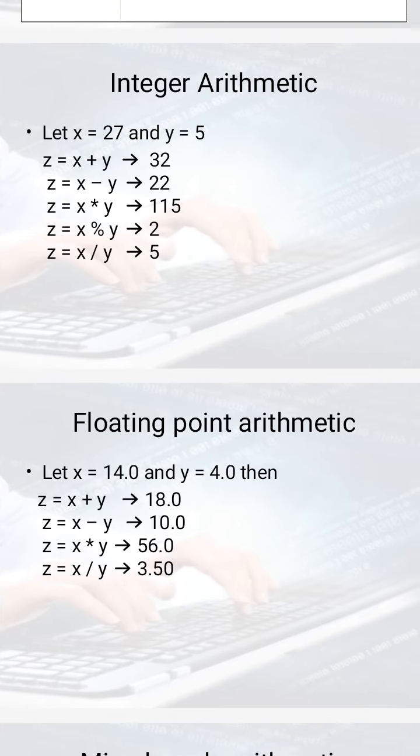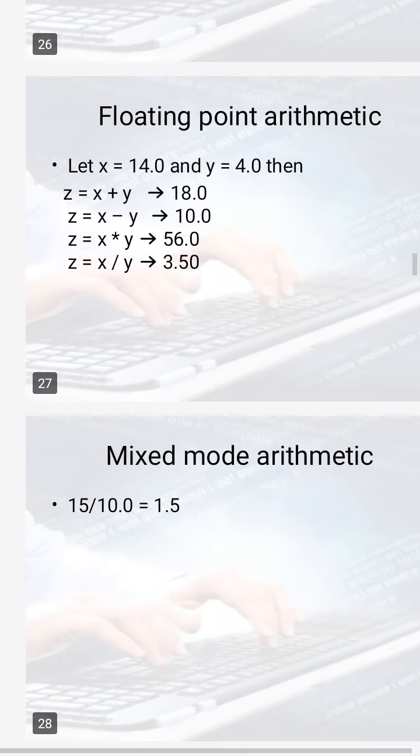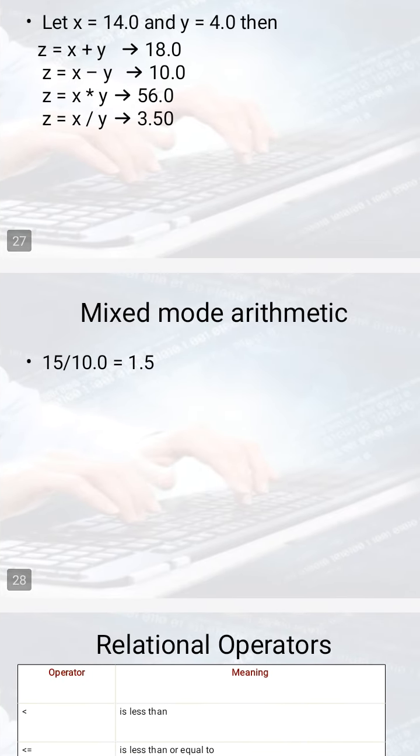Suppose our example is floating point. So we can add the elements: 14.0 plus 4.0 equal to 18.0. Like this we can represent. Okay. x minus y like this, x into y, x by y. And then some of the operations are mixed mode operations. In a mixed mode operation, the data type which occupies more memory decides the type of the resultant value.